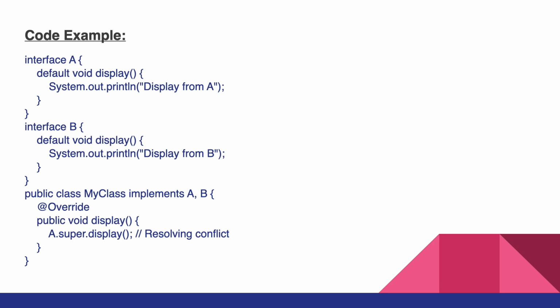In the example here, we have two interfaces A and B, both with a display default method. The class MyClass resolves the conflict by explicitly invoking the display method from interface A.